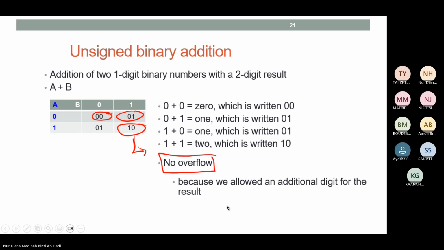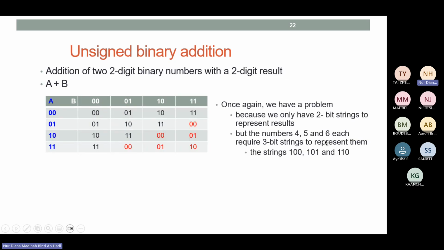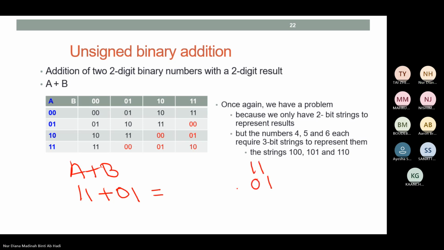So far, do you have any questions for this one? No. What if we have two-digit binary numbers, for example, A plus B, where we have 1 plus 1? What will be our value? 1 plus 1 is equal to 1, 0, right?